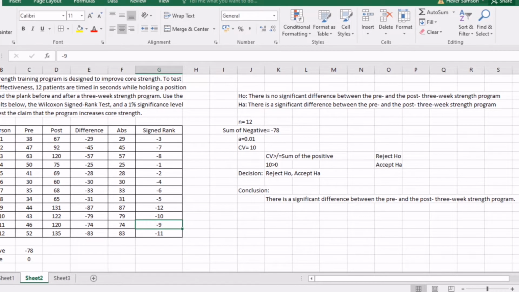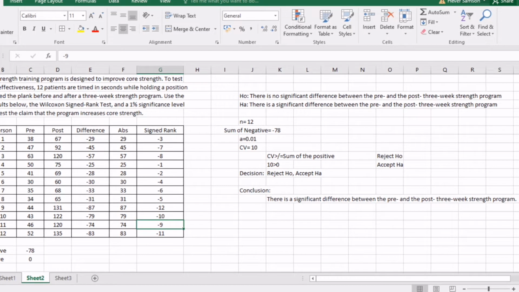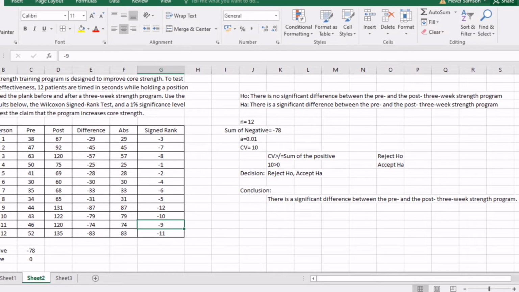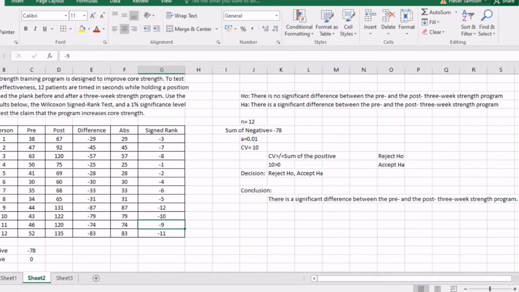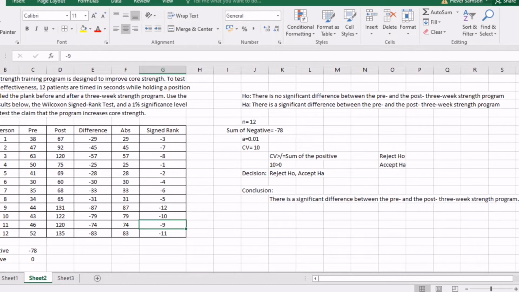So 47 minus 92, 63 minus 120, 50 minus 75. So we have negative 29, negative 45, negative 57, negative 25, negative 28, negative 30, negative 33, negative 31, negative 87, negative 79, negative 74, and negative 83. These are the differences between the pre and the post 3-week strength program.